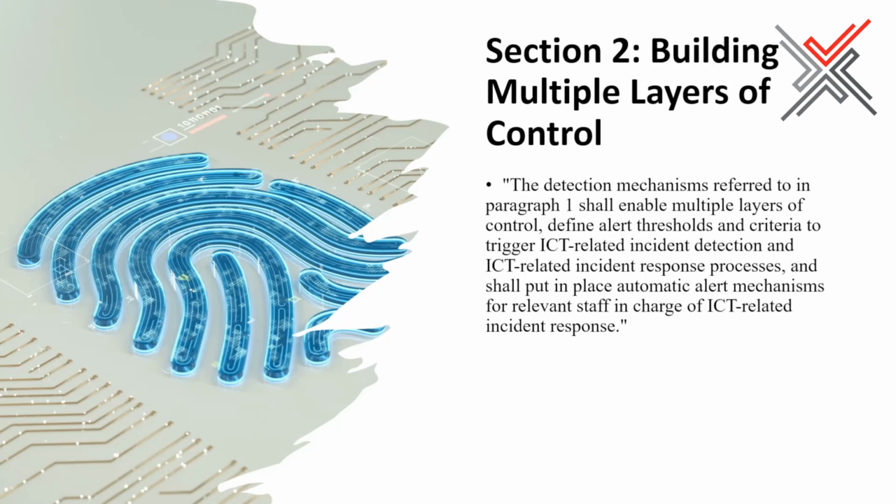Section 2 is about building multiple layers of control. It says, the detection mechanisms referred to in paragraph 1 shall enable multiple layers of control, define alert thresholds and criteria to trigger ICT-related incident detection and ICT-related incident response processes, and shall put in place automatic alert mechanisms for relevant staff in charge of ICT-related incident response.